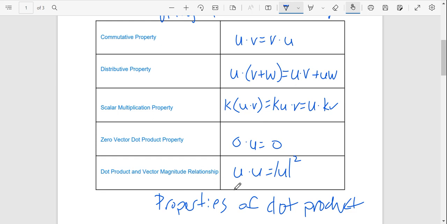We're going to be working with all of them in some way, but particularly this last one because we can find the magnitude using dot products. If the vector is u, find the magnitude of u and then square it. That's all you have to do. Just like you did in the previous section, you know how to find the magnitude of a vector, right? So find the magnitude of that and square it, and you have your dot product.